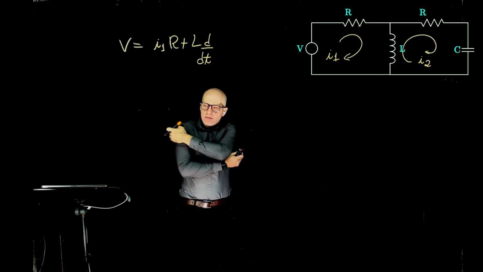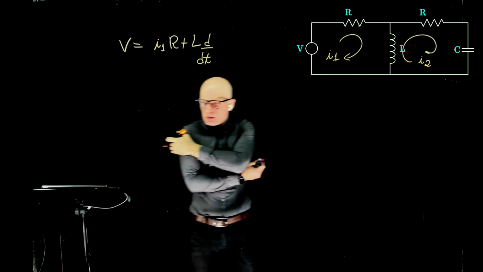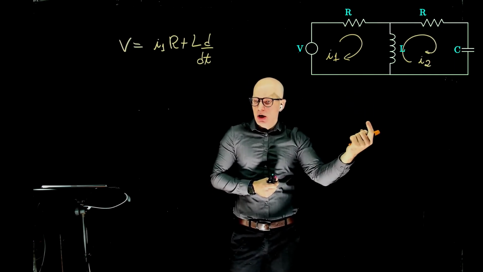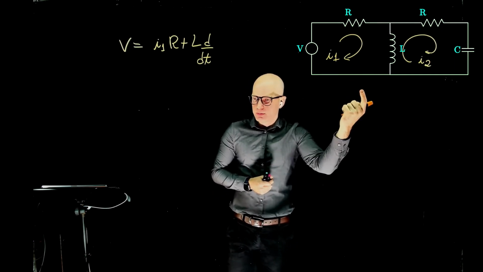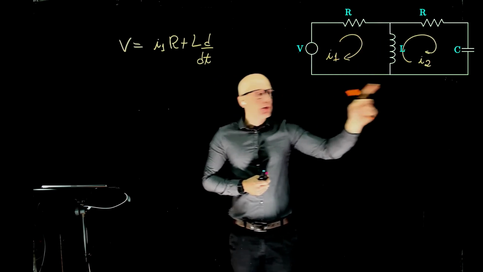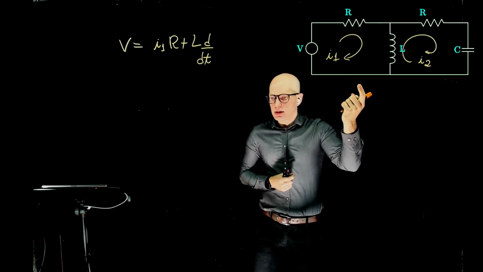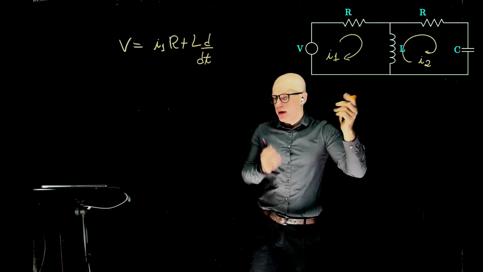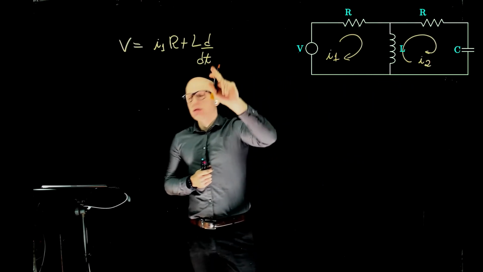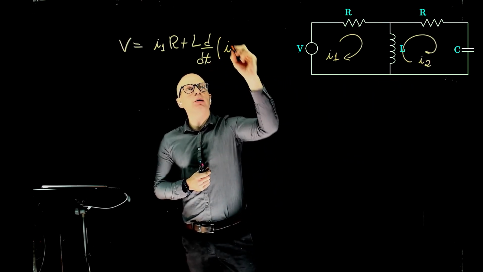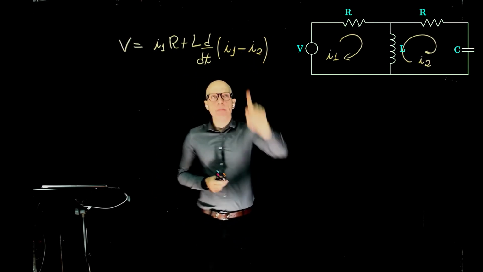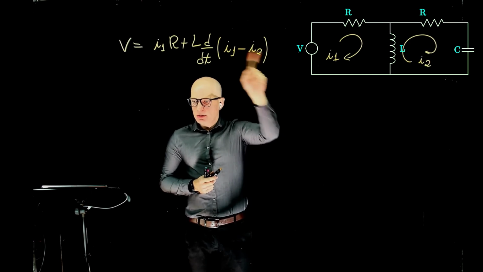Now we have a little bit of a difference here because we have current I1 going downwards and current I2 going upwards. We are following the flow of current I1, so current I2 is going against it. Now we have to account for the difference in these two. So that would be d/dt of I1 minus I2. And why I1 minus I2 and not the other way around?